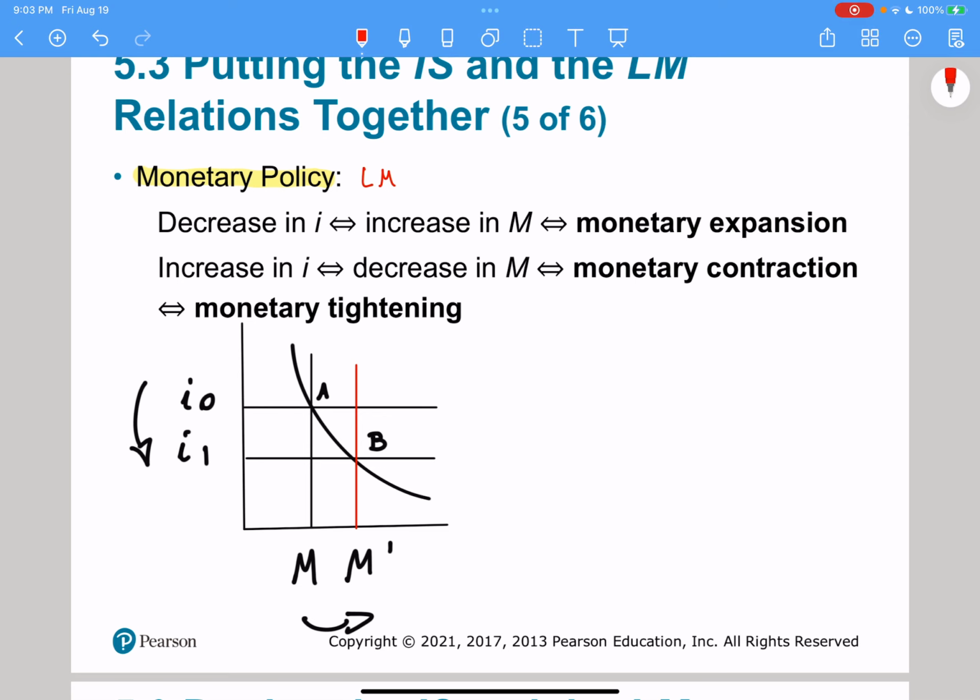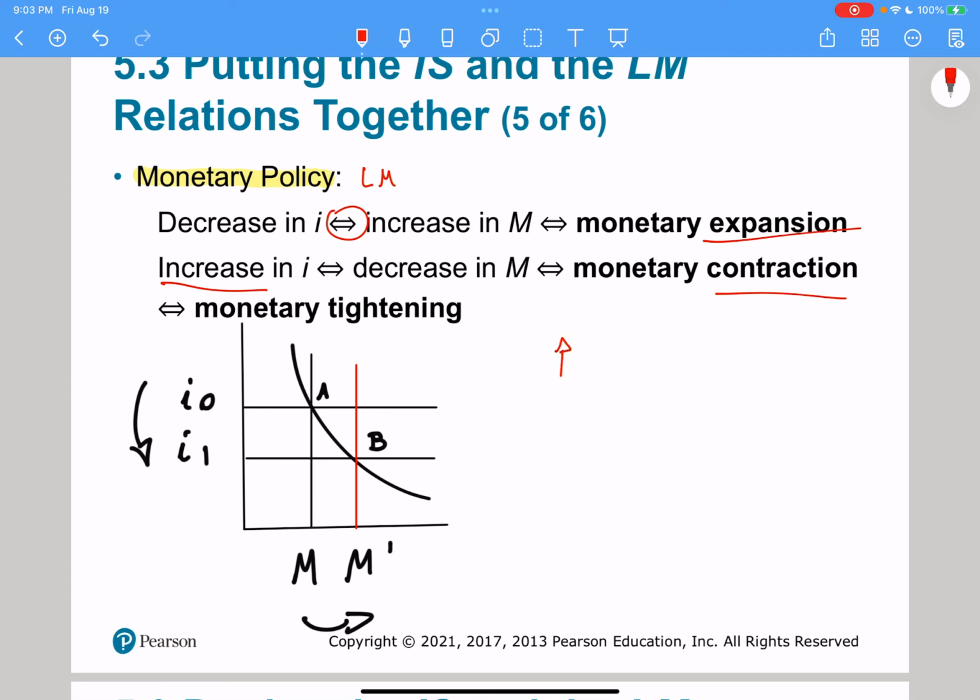So the central bank decides to define a lower level of the interest rate. This part here, let's forget for a while. A decrease in the interest rate is an expansion of the monetary policy, and an increase of the interest rate is a contraction of the monetary policy. And this is really straightforward.